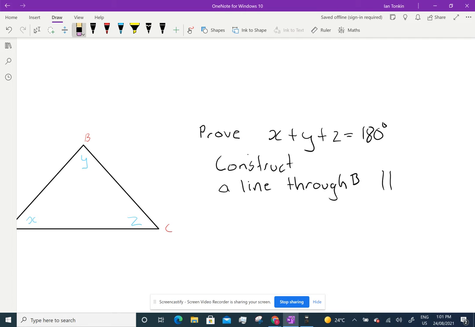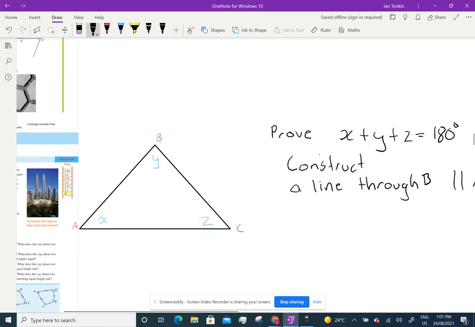That's awful, but what are you doing? I'm putting a line through there that is parallel to there. Now I've created two more angles here, so I'm going to call them different letters. Let's call these S and T.